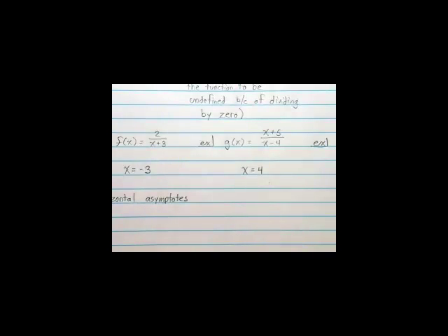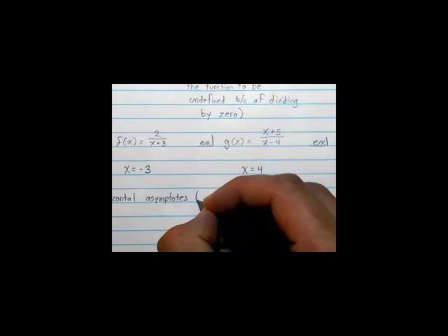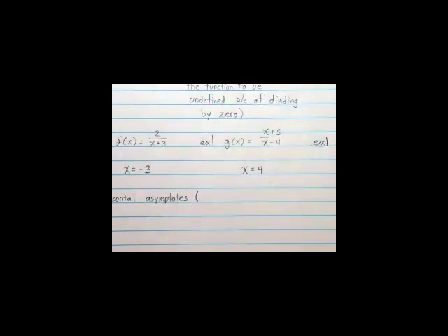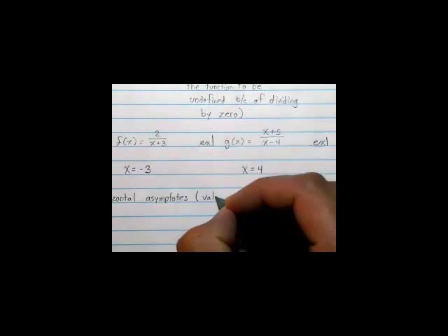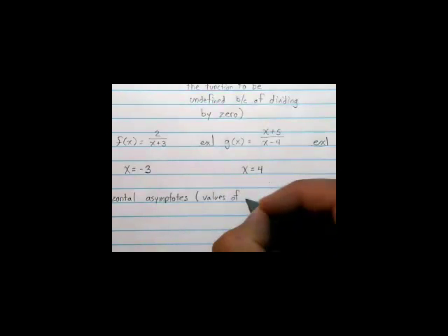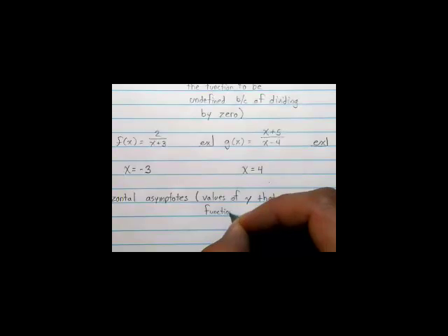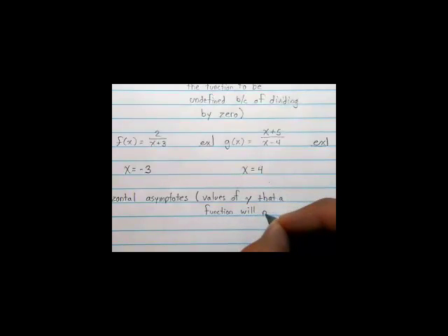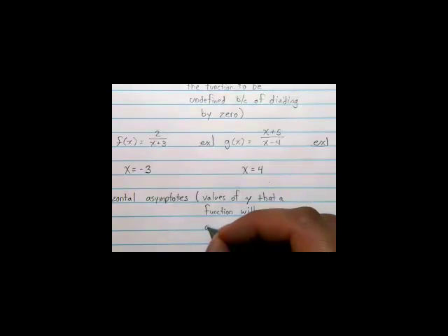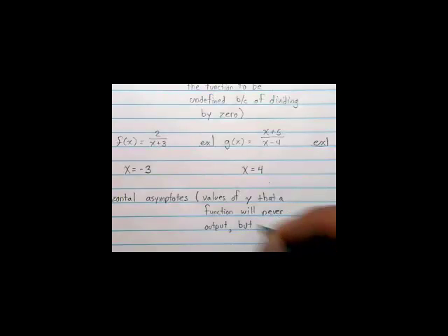So a horizontal is a value of y that a function will never output. But it will approach it slowly.